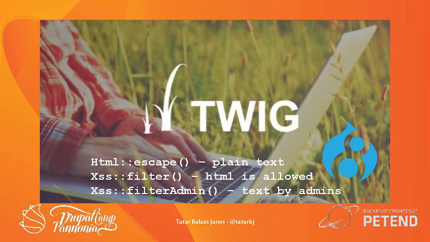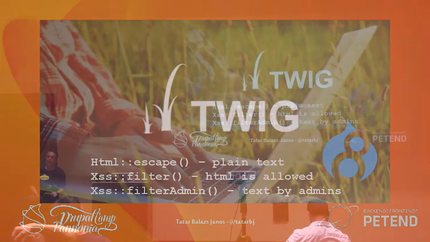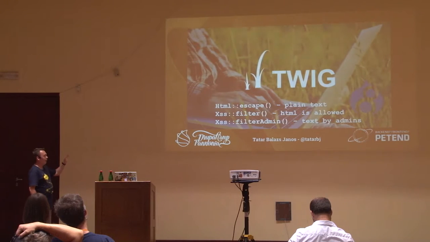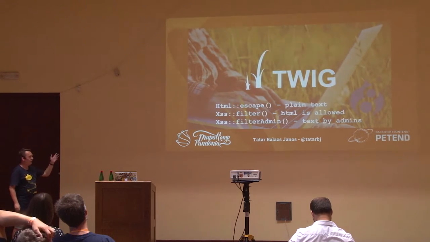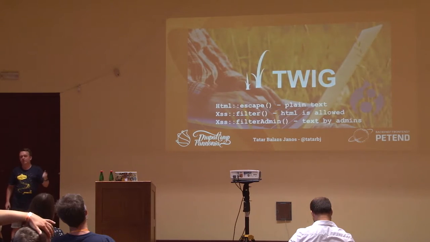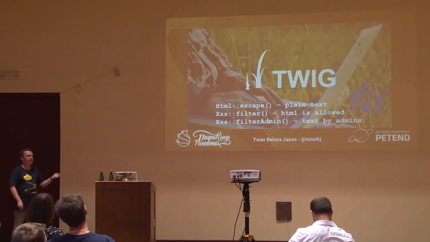Still, you can use raw data. If you use raw data, please do not forget to filter it. We have the Html and Xss classes, with some methods, as in the picture, and those are the things you have to be aware of to filter things.